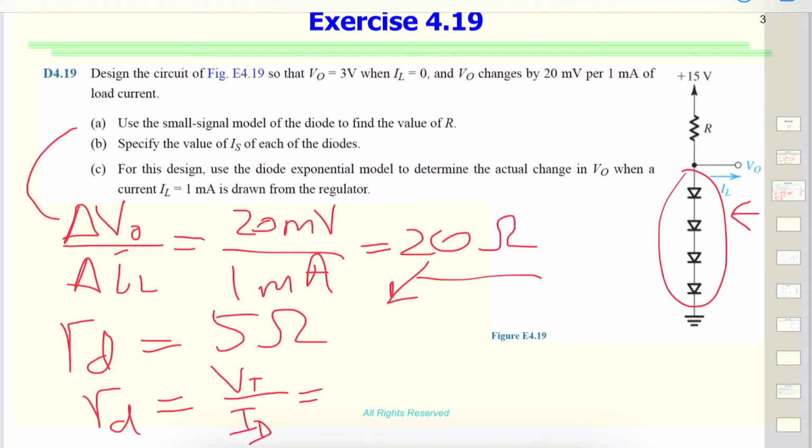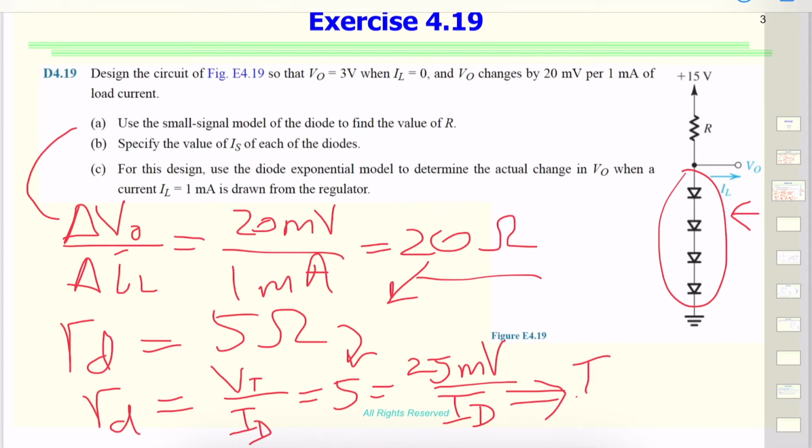So in this case, if I take my RD value of 5 here, I can find my diode current. So that's 25 millivolt divided by ID, and that gives us the diode current of 5 milliamps.